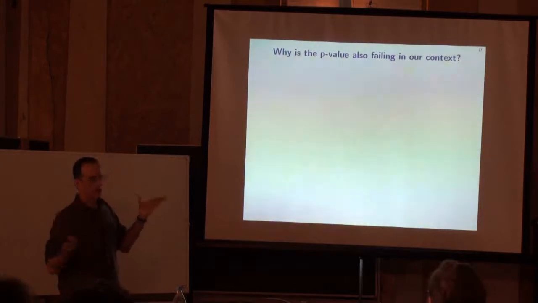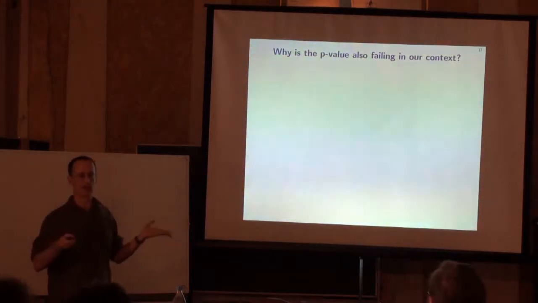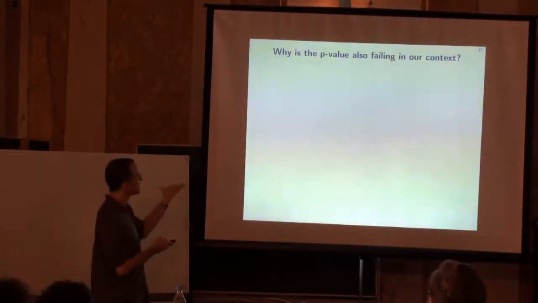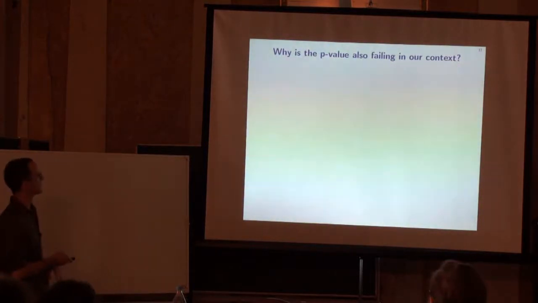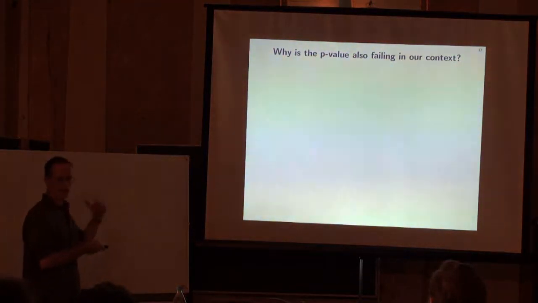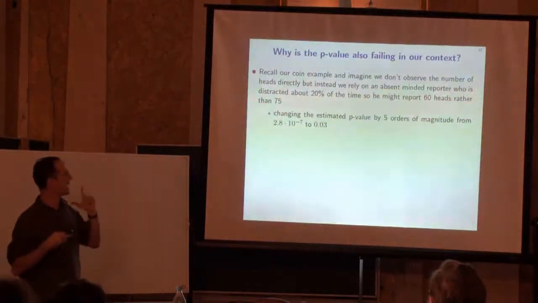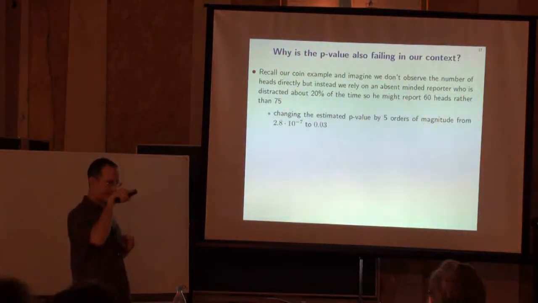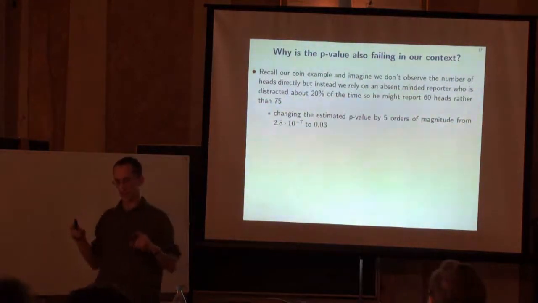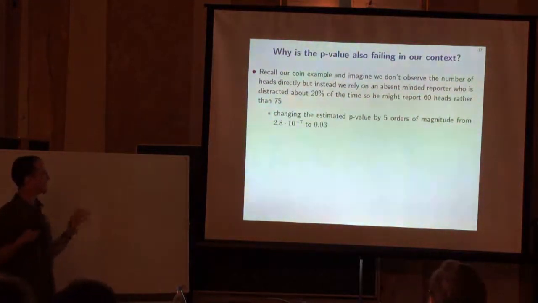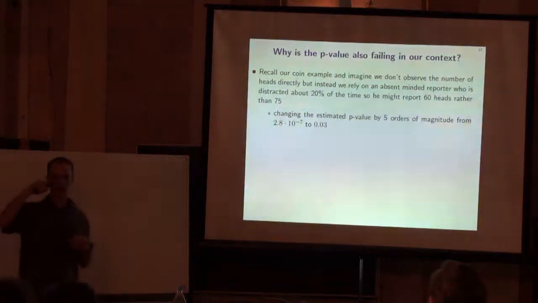Okay, so why is the p-value also failing? We understood why the e-value is failing. Why is the p-value also failing in this context? To understand that, let's go back to the coin example. In the coin example, imagine that we don't actually see the number of heads. Rather, we have some absent-minded reporter who counts the number of heads.